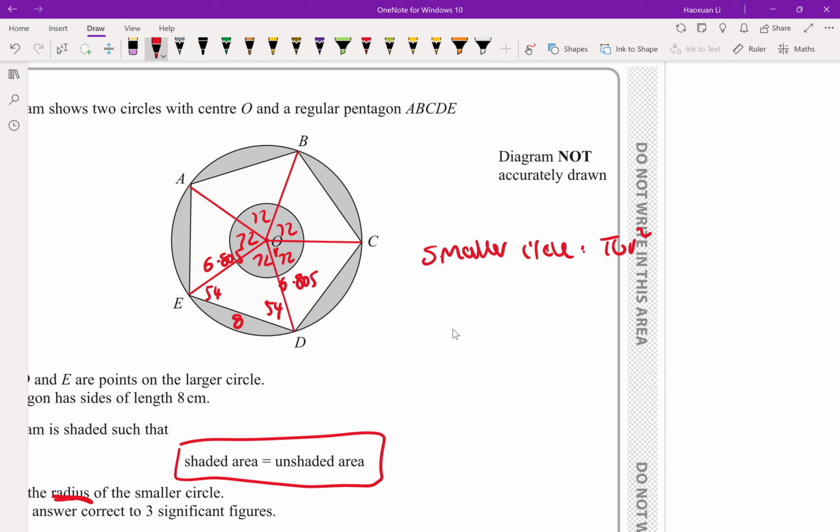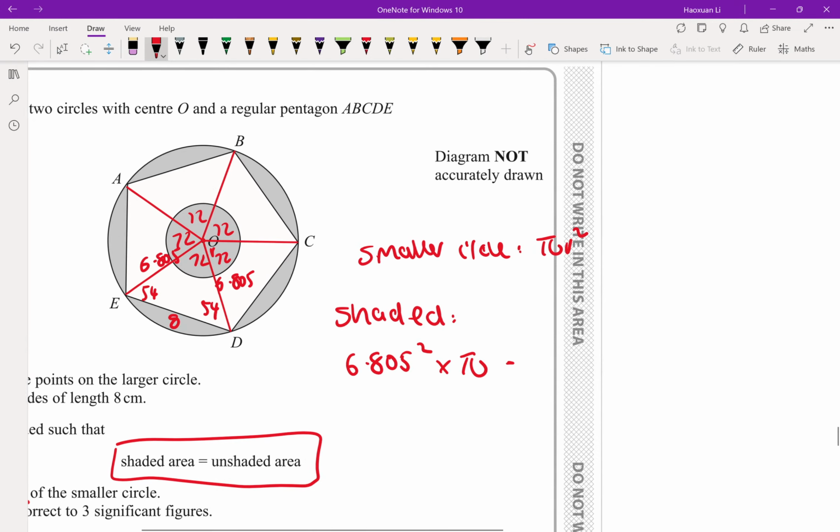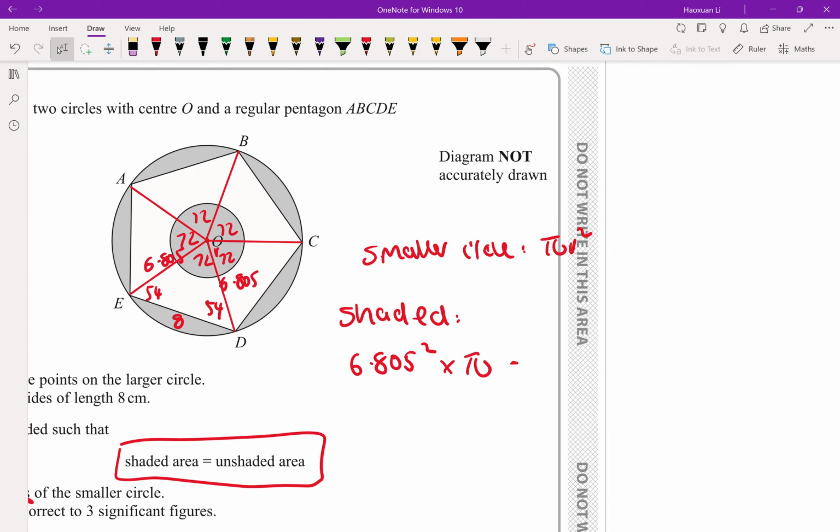The shaded area would therefore be the whole thing, 6.805 squared times pi, minus the area of the pentagon.